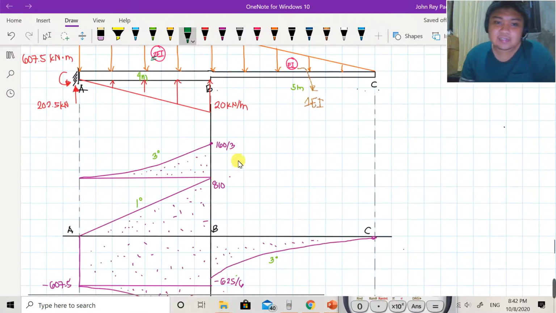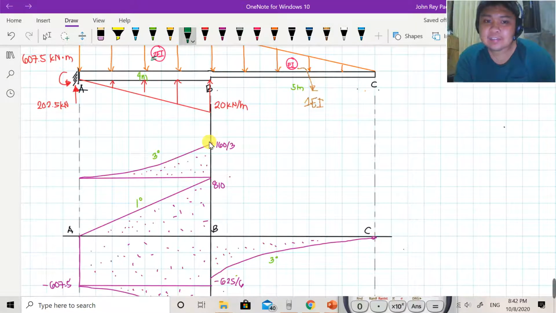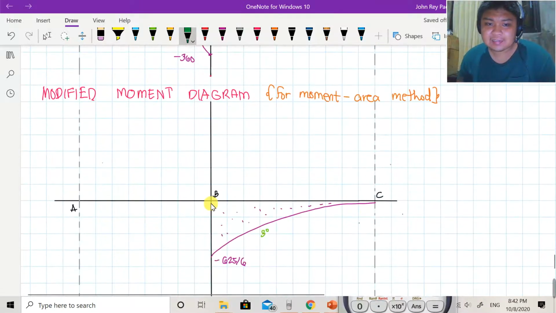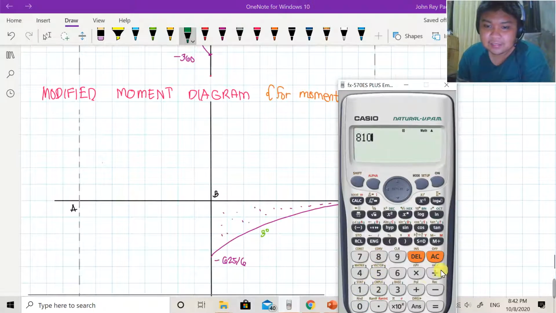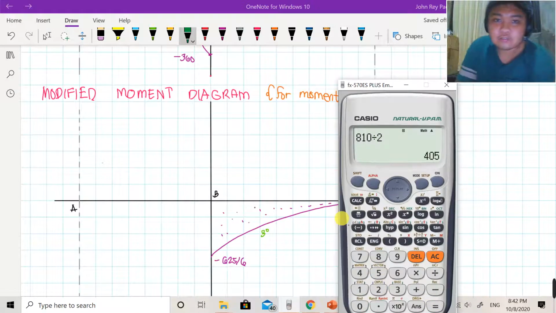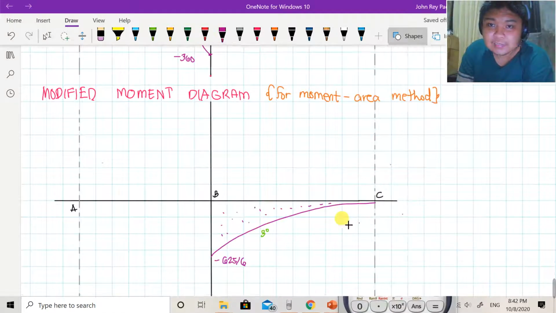Ang gagawin natin, class, lahat ng heights ng mga figure natin ay i-divide din natin ng 2. Halimbawa, itong 810 na height ng triangle, since 2EI siya, so magiging 810 divided by 2 or simply 405.